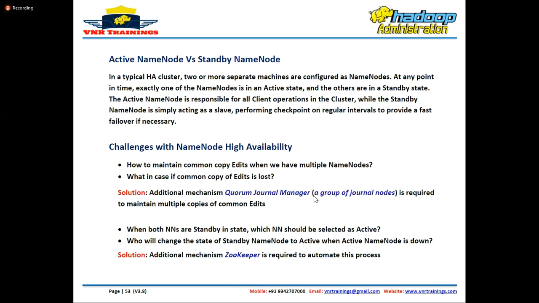So there is no need to worry about losing common edits. The first challenge is completely taken care of by the Quorum Journal Manager. What is the second challenge here? When both the name nodes are in standby state, which name node should be selected as active?